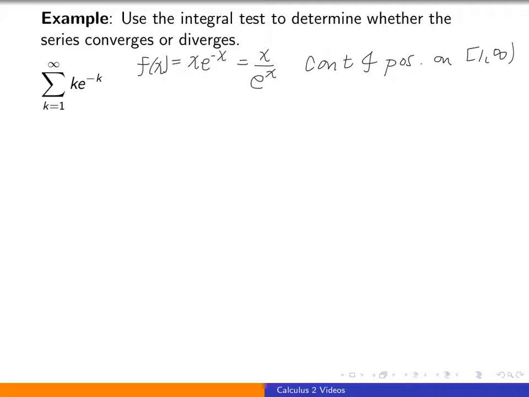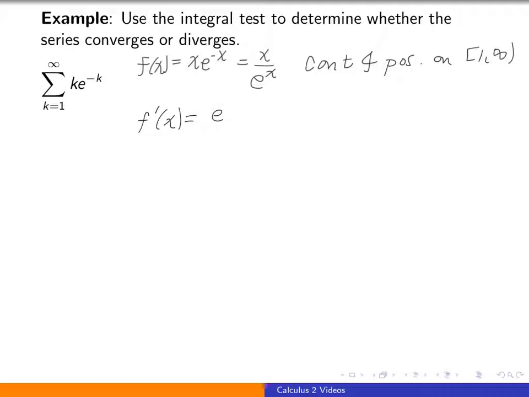Now for the decreasing portion, I don't think this is as obvious. The reason being is if you think about plugging in bigger numbers, x is getting bigger, so is e to the x, so it wouldn't be clear that the overall function is getting smaller, i.e. decreasing. So what we need to do for decreasing is calculate the derivative. So f prime of x, we're going to just go ahead and use the quotient rule.